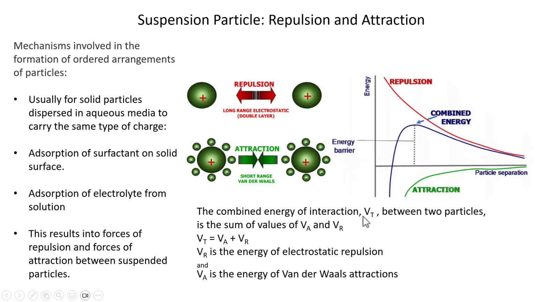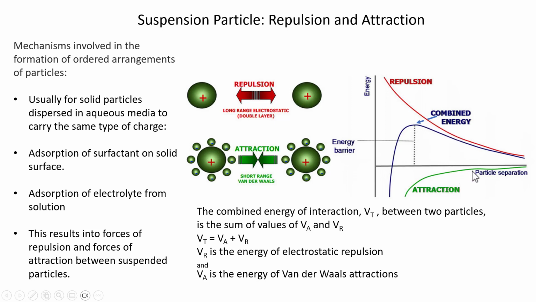The interaction VT between two particles is a sum of energy due to electrostatic repulsion plus energy due to van der Waals attraction. As the distance between particles increases, the repulsion becomes smaller.